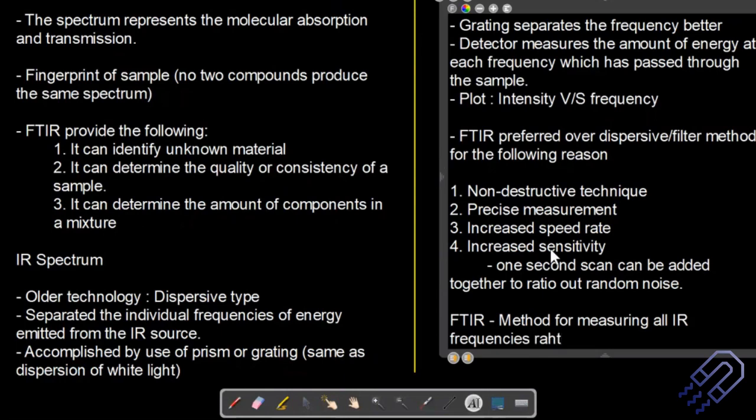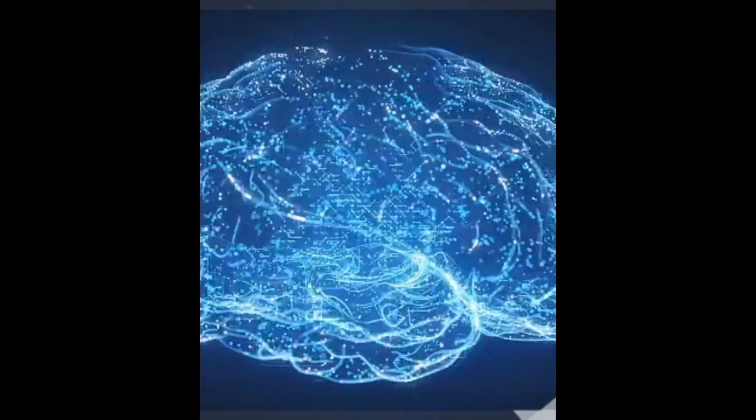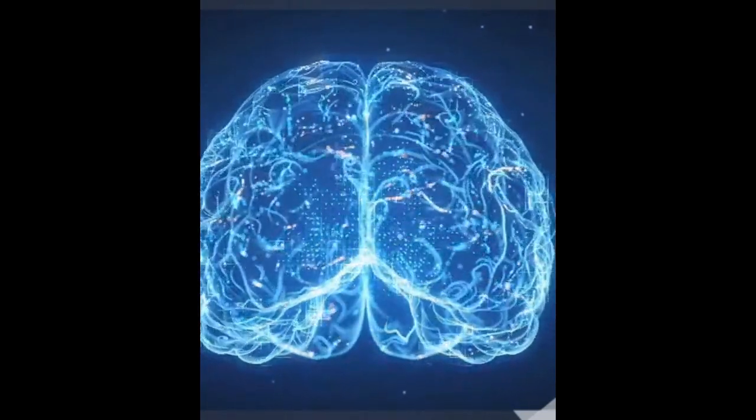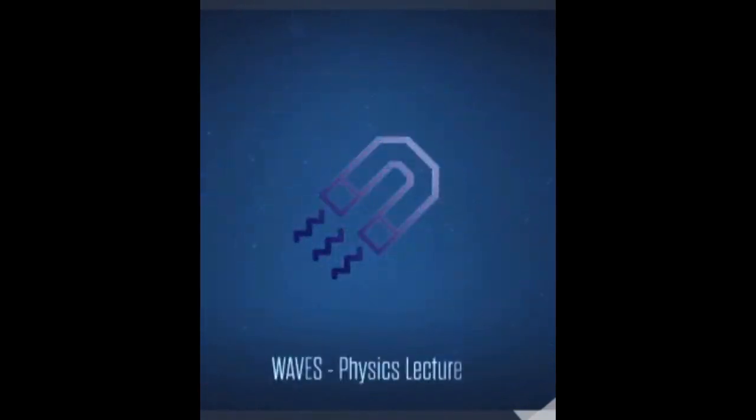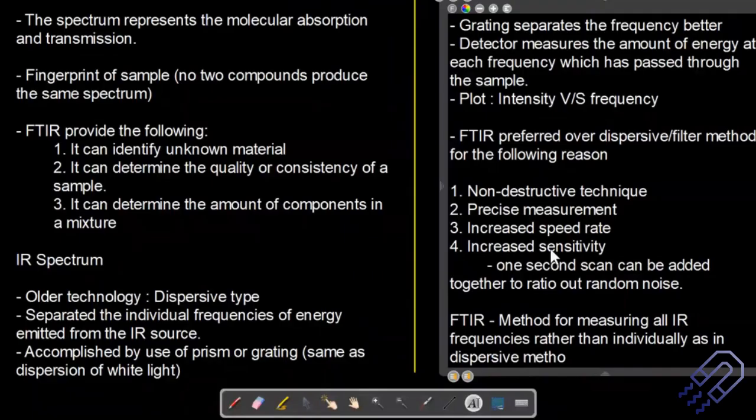We are not going to have a small range, we are going to have a larger range, all the frequencies, rather than individually as in the dispersive method. Even if you consider white light getting spread into 7 different colors, VIBGYOR, even red has different frequency ranges that do not get separated in that prism technique. If you use a grating, you can definitely see that variation.